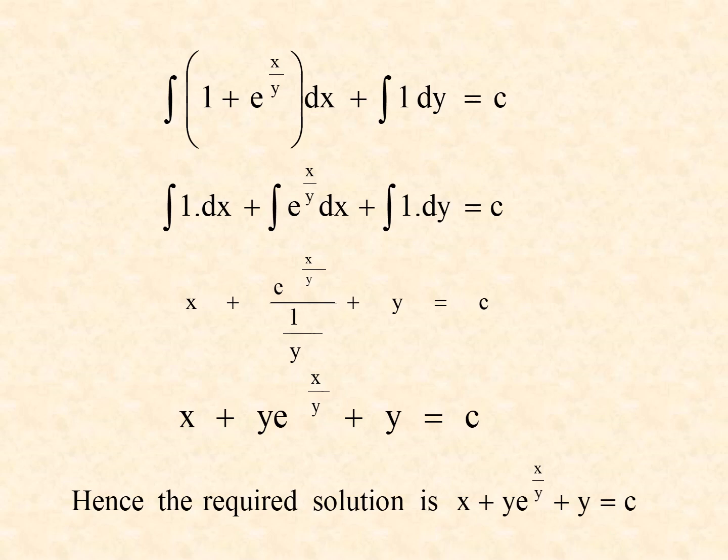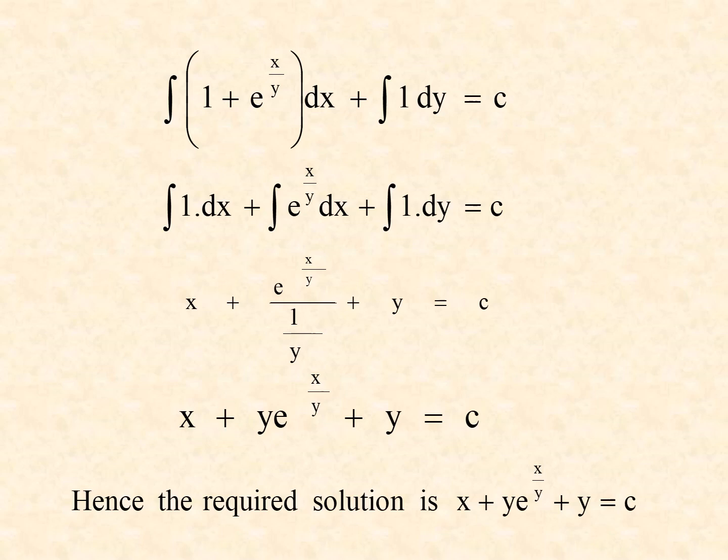Move on to the next line. Apply the integral individually, so separate this integral: integral 1 into dx plus integral e to the power of x by y into dx plus integral 1 into dy is equal to c.